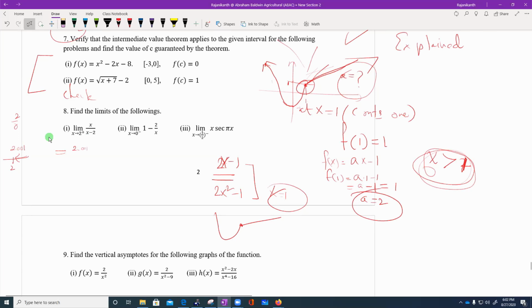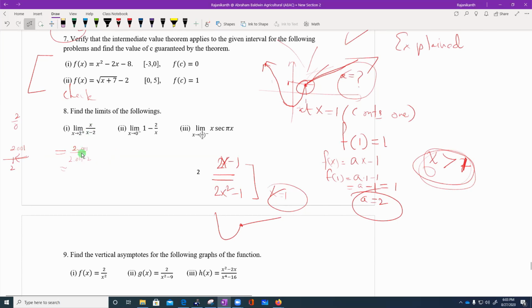I'm simply plugging 2.001 for my x. My x is very close to 2, but from the right side. So I'm plugging in 2.001, but subtracting 2. What is my approximate answer you may get?